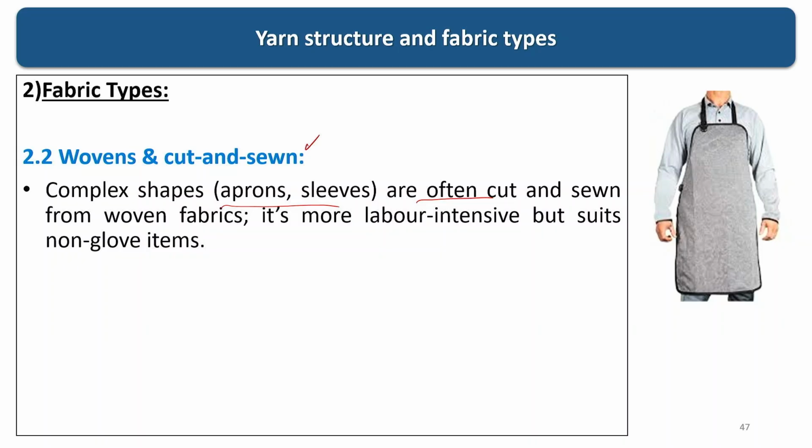In the case of knitted fabric, we can produce in one go on a 3D knitting machine, like garment knitting or gloves knitting, but for an apron and sleeves from woven fabric we have to cut and then stitch.